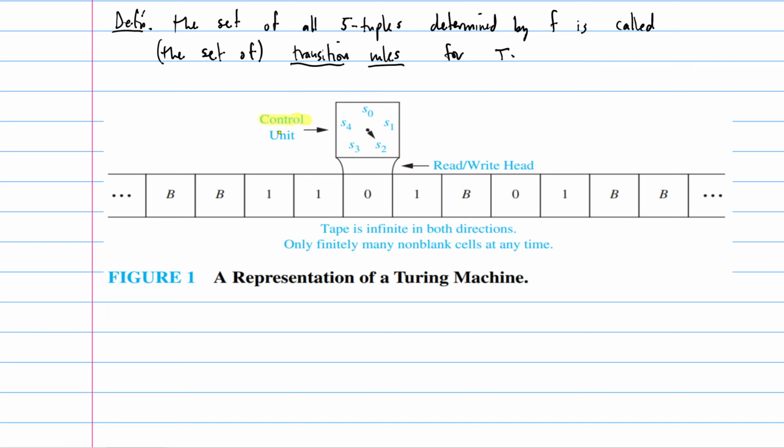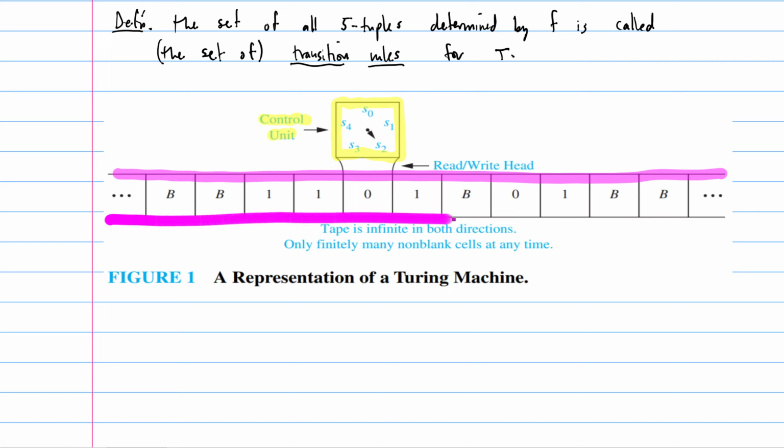The control unit is, if you're just schematically thinking of how you're going to build a Turing machine, like a box which switches between the states. So this is where the states switch. Now, at the same time, there is a tape that's running through the control unit. This tape right here has a whole bunch of symbols on it. And these symbols, the zeros, ones, and B's, remember B represents the blank symbol, 0, 1, and B here represent the elements of the input set I, the input alphabet I.